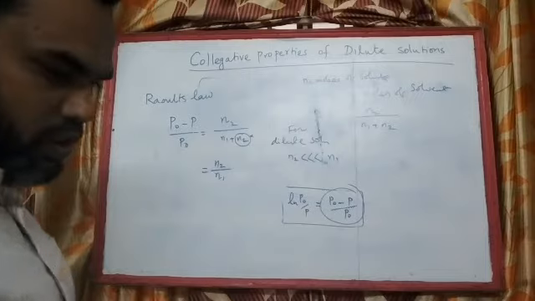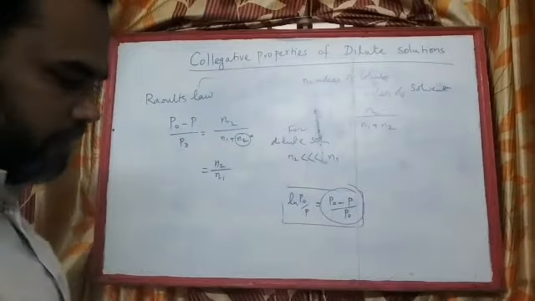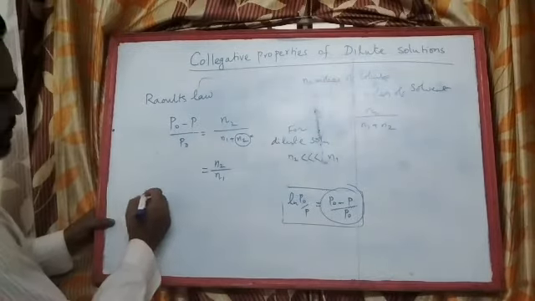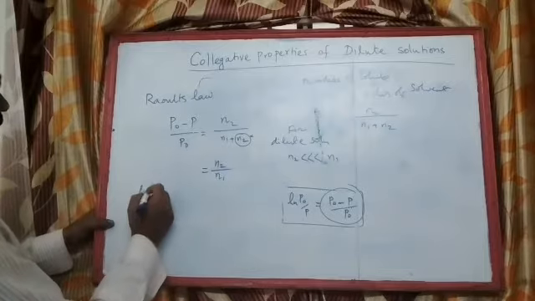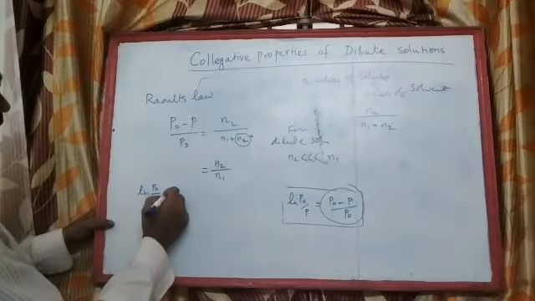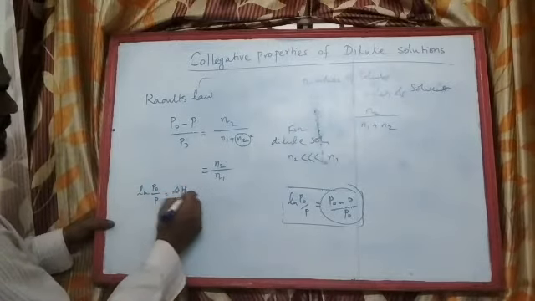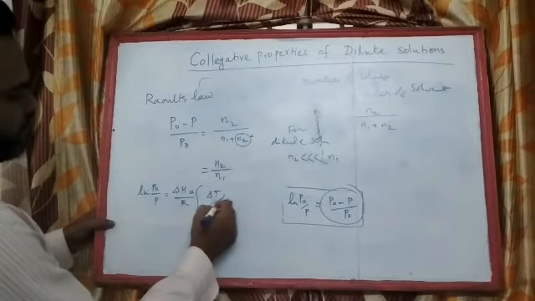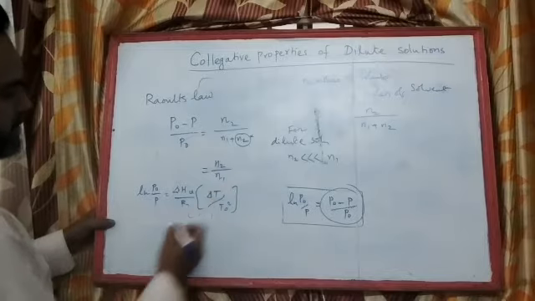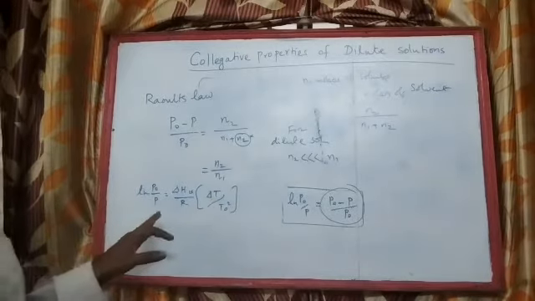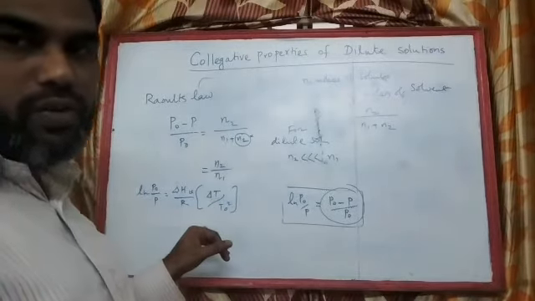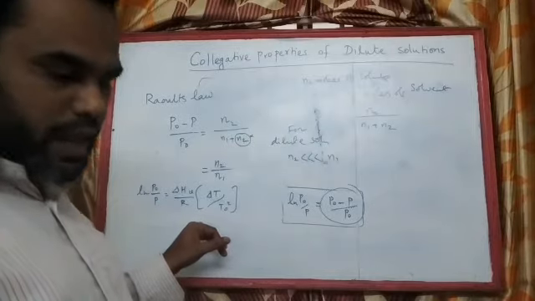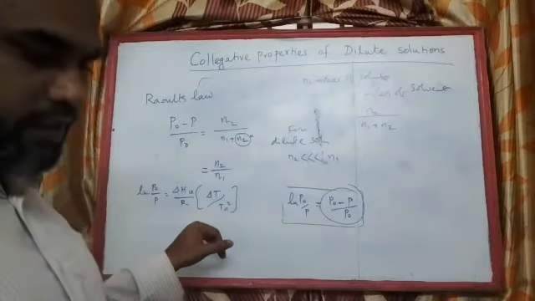Now let me take up the previous equation. ln P0 by P is equal to delta HV divided by R into delta T by T0 squared. This is the equation we have already known, which is called the Clapeyron equation.